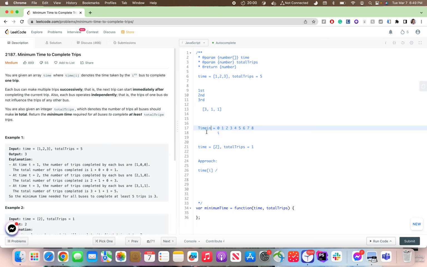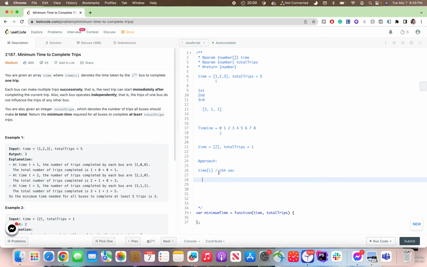timeline. Suppose if I say timeline, then time I divide by timeline, right? If this is I, then it would be the jth second, or you can say if this is j, then it would be the jth time.